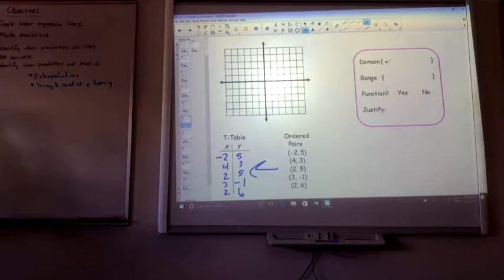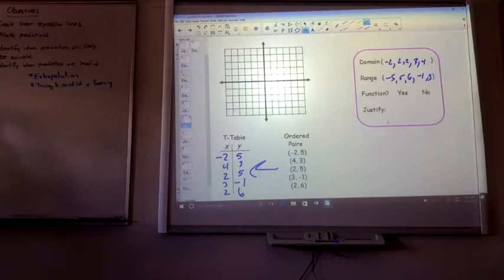So I might have -2, and I could have 2 and 2, and 3 and 4. The range, I would try and keep in order, it's important. So -2 goes with 5, 2 goes with 5, and 2 goes with 6, and 3 goes with -1, and 4 goes with 3. Okay?